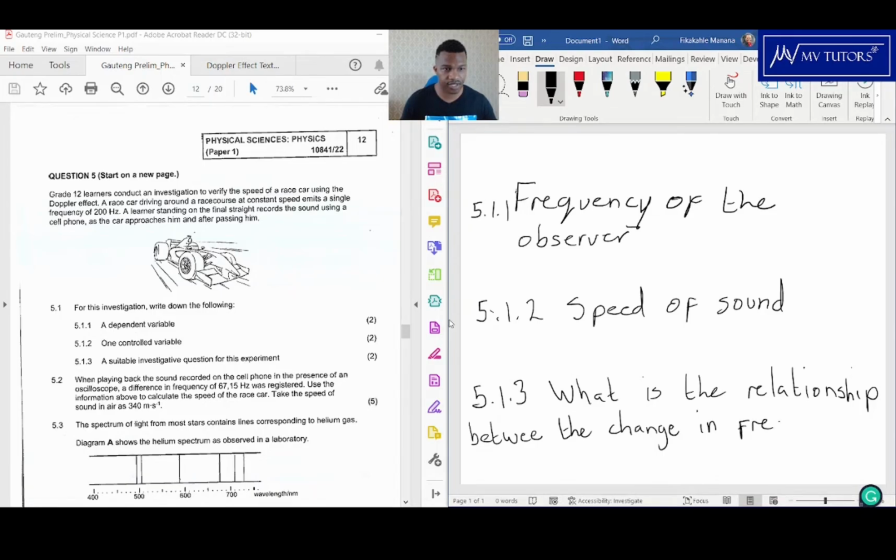The speed. Frequency relative to the speed of what? Okay, if you say speed of sound, you are wrong. Speed of the car. Because we're dealing with many speeds here, you have to mention which speed you are talking about.